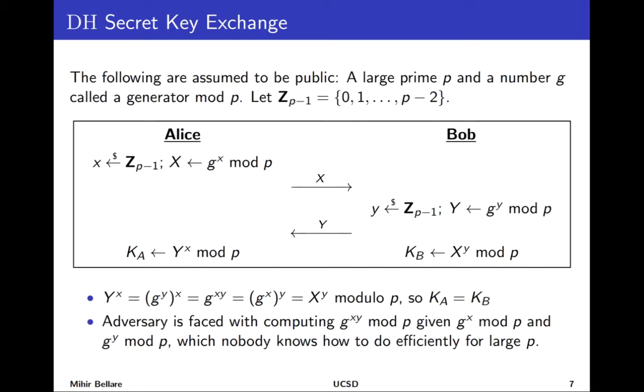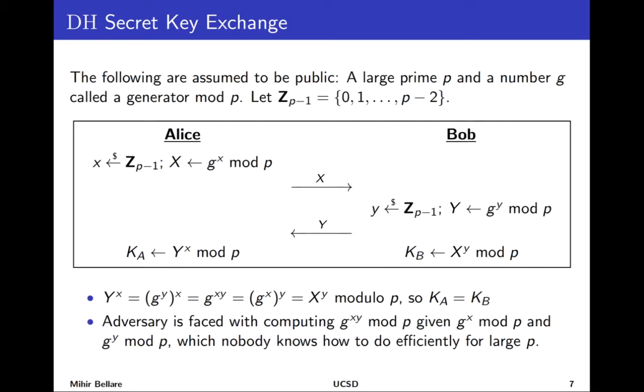So the setup is that Alice and Bob are assumed to know a large prime number p that's, let's say, created and placed in a standard or made public in some way, and another number g, which is called a generator. We will later see what these generators are. They're also called primitive elements as per the video.